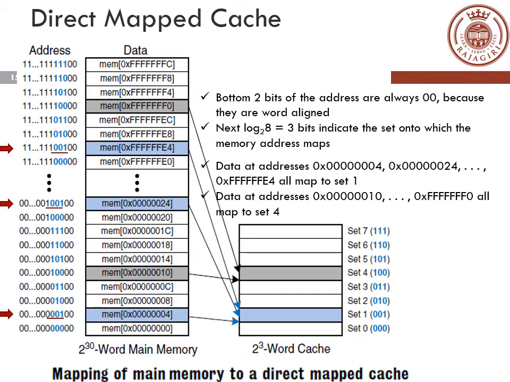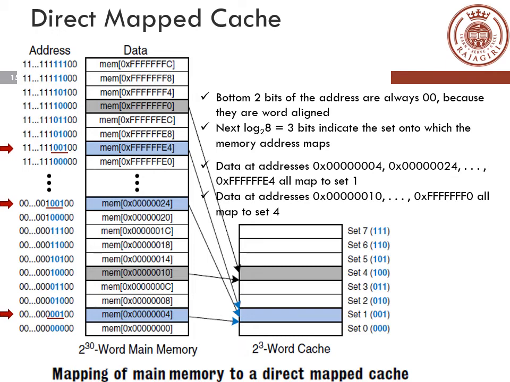Above that it again starts with 000, 001, it goes on. So you can divide the entire memory into 8 sets based on these 3 bits represented in the blue color, in the address of the main memory.